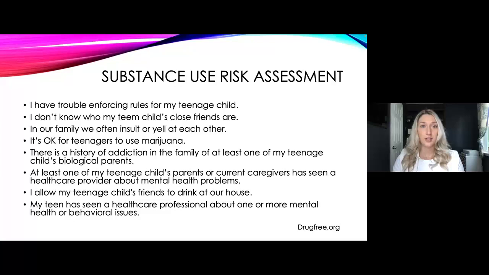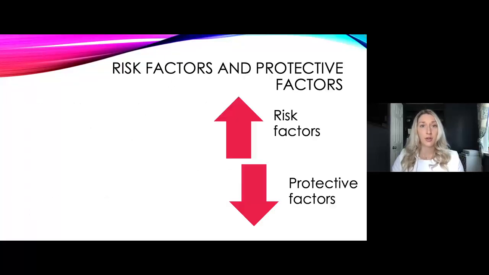We all know those kids in high school whose parents would let you have drinking parties. And has my teen seen a healthcare professional about one or more mental health or behavioral issues? Because that's going to put them at a higher risk. So this tool isn't necessarily to diagnose a child, but rather a tool for parents to use to see, is this something that I should maybe take my child to the doctor for and get them a true evaluation?